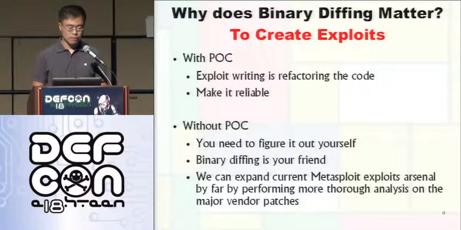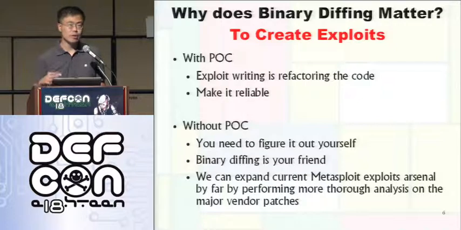First, you can use binary diffing to create exploits. If you have a POC, you can use it as a template for your exploit, to put in your own shellcode or make it more reliable. But if you don't have any POC code, then you need to figure it out yourself.